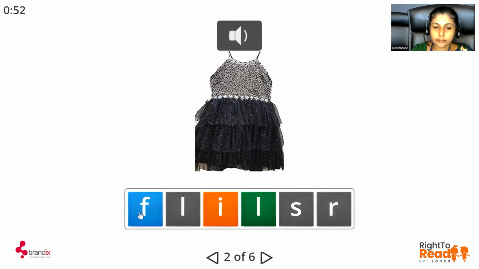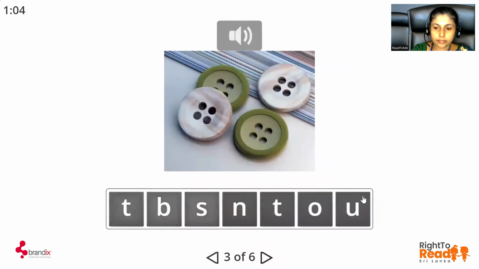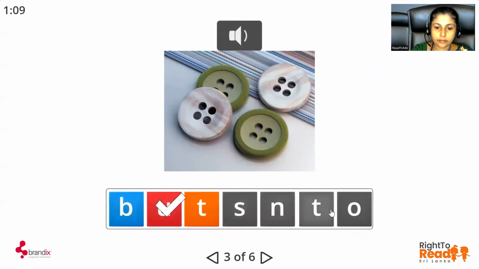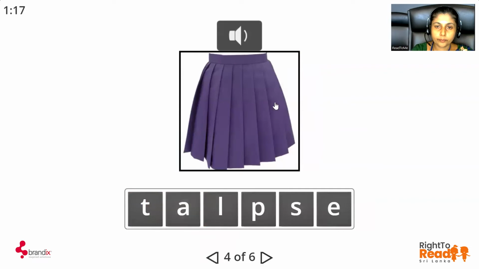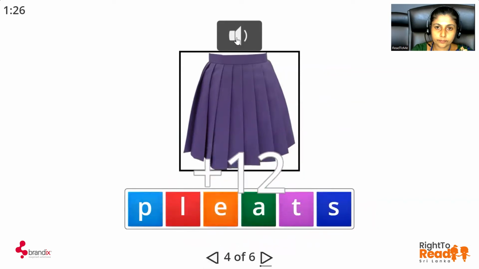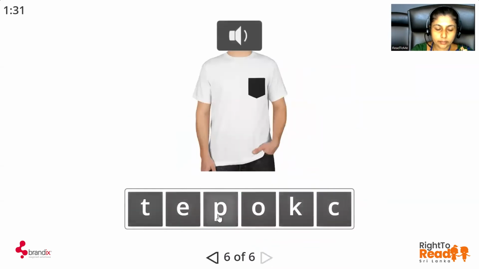Fr means the F sound and R sound come together. Frills. Buttons. Pleats. Pocket.